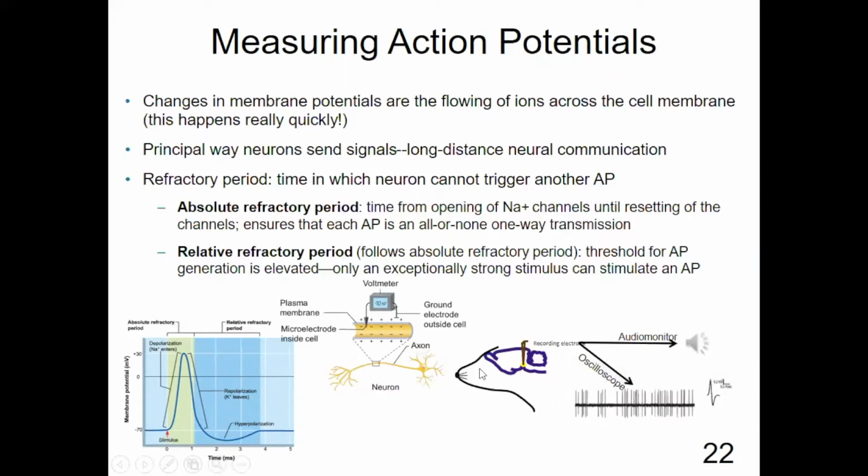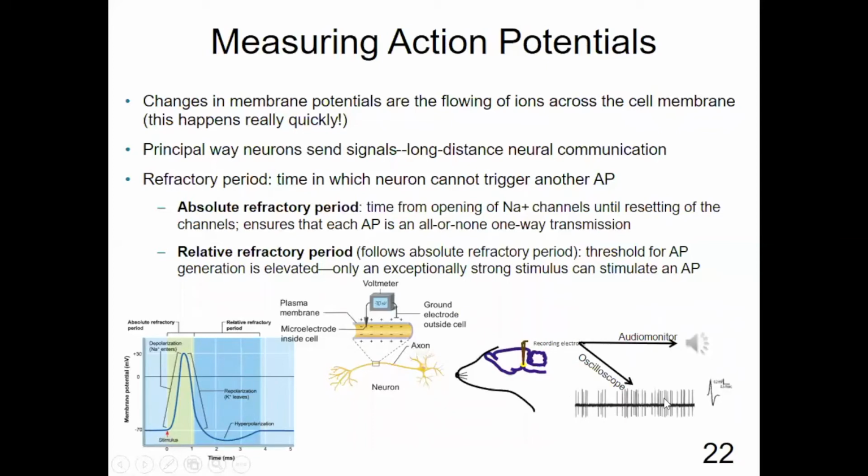In this figure, I'm showing you an example of experiments that I used to perform back when I was doing research. I used an anesthetized rat, and lowered an electrode into the brain and then recorded neuronal activity from the anesthetized rat.